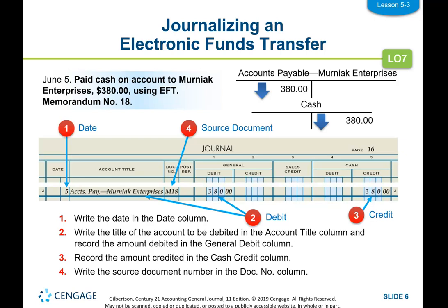One thing that I want to point out here after grading the last round of tests: on these journal transactions, when you record them, you can have a debit and credit piece. When you record that into a ledger, you do not get debit and credit pieces on the same transaction, because the cash account is only recording what's happening here, and the accounts payable, Murniak Enterprises, is only recording what's happening here.